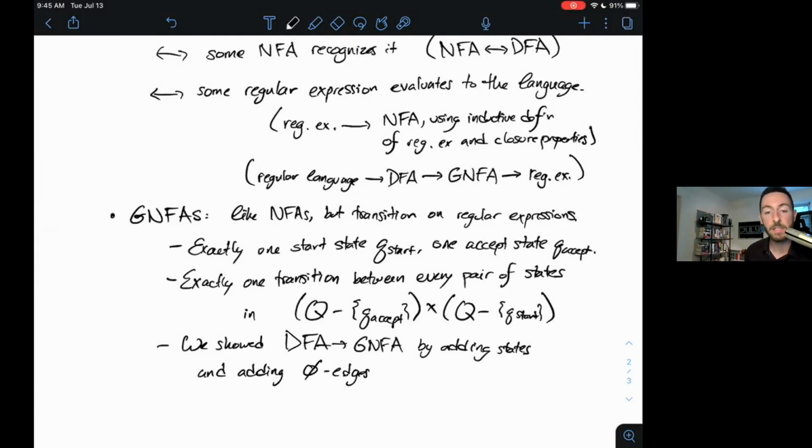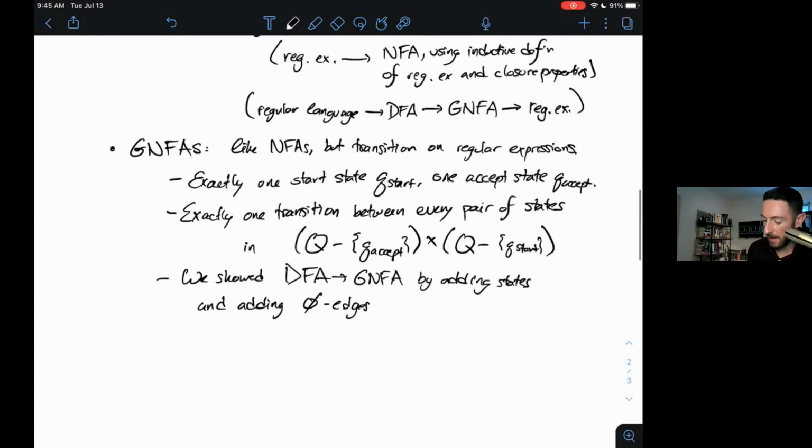There are no strings in the empty language, so these are just dummy edges that we use to make sure our GNFAs meet our definition. And finally, we showed how to boil down a GNFA to a regular expression by iteratively ripping out states.